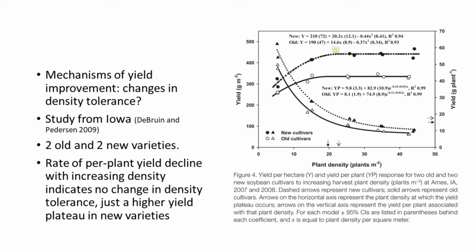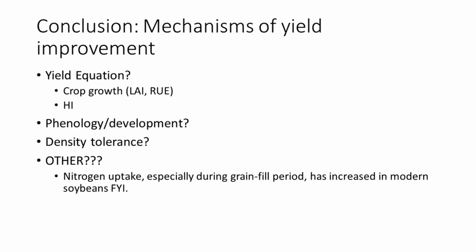Again, indicating that it's not like newer varieties can be planted at a higher plant density. The optimum plant density is quite similar. You can see on the x-axis the two arrows. But what's different is that at that plant density, yield per unit area is a lot higher in those newer varieties. So let's wrap this video up.